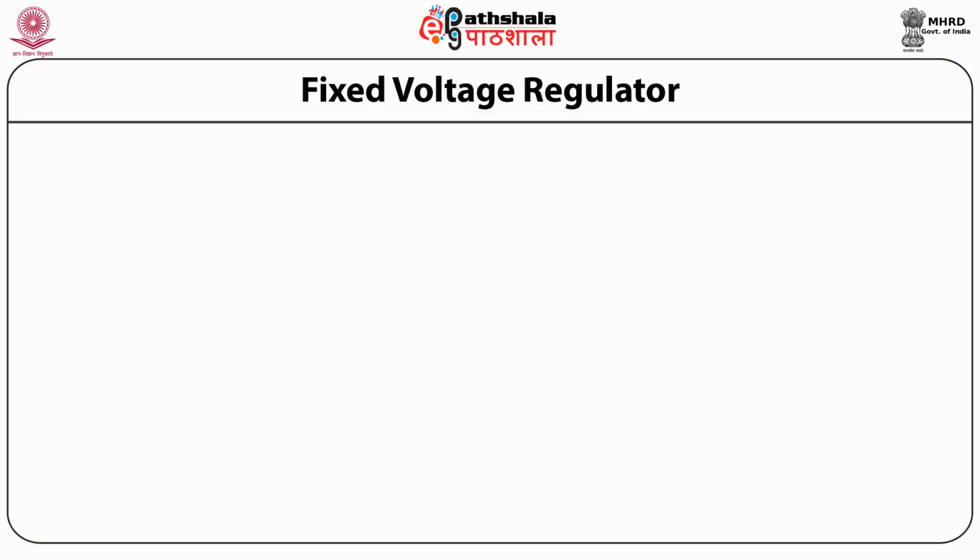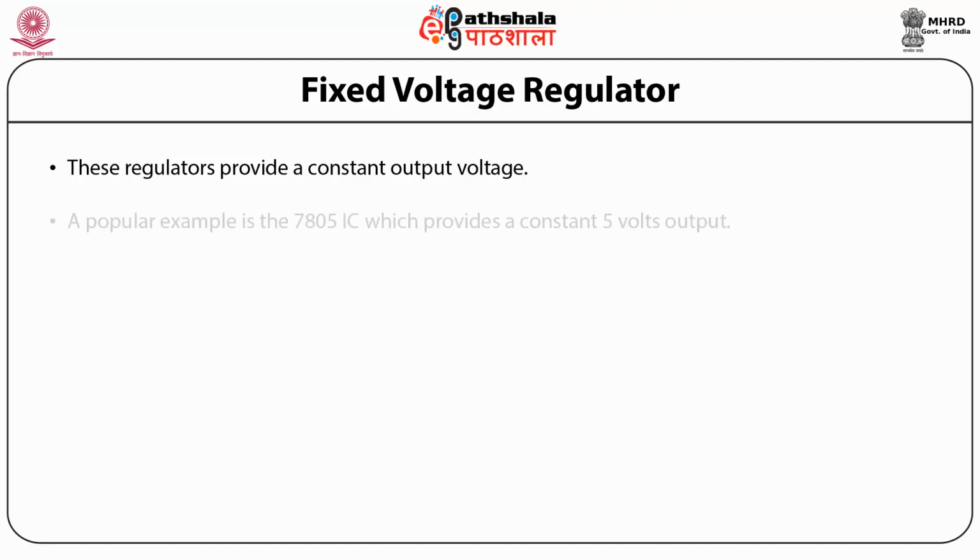Fixed voltage regulator. These regulators provide a constant output voltage, and a popular example is the 7805 IC, which provides a constant 5 volts output as shown in this figure.